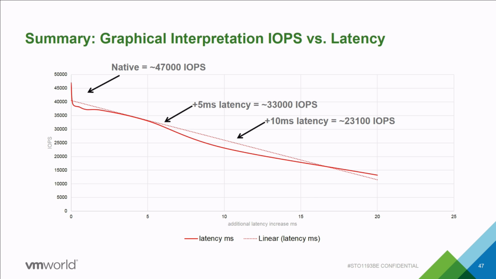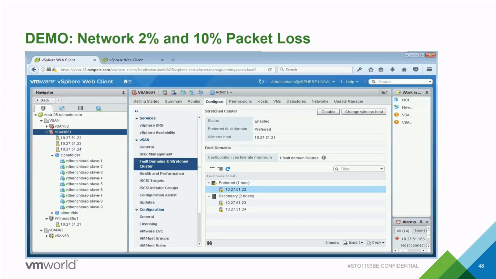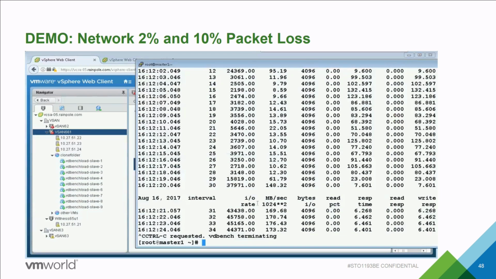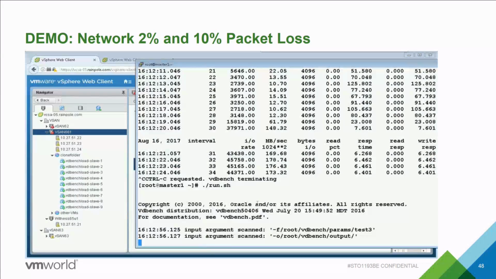Secondly, I introduced some 2% drops. It's not a lot, but 2% is already quite heavy on the network side. Normally you would consider anything less than that okay-ish, but less is of course better. Again with the same setup, without any introduction, with 0%, we are again at 47,000 IOPS.